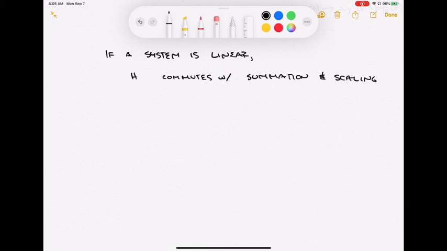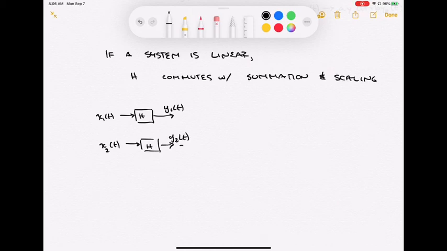We might look at it in the following way. If I have an input x1 of t and it goes through a system H, we know that what comes out is its corresponding output, y1 of t. And if I had x2 of t going through a system H, it would generate some y2 of t.